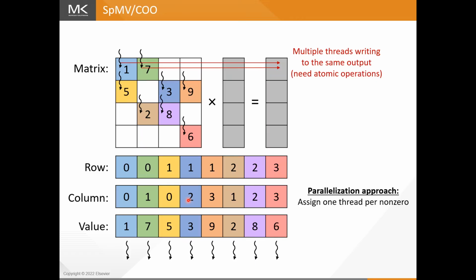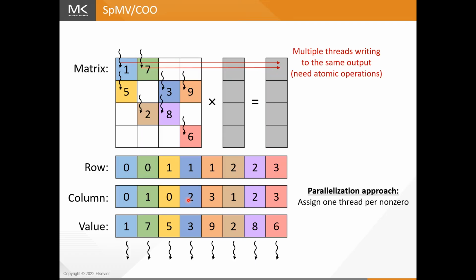For the sparse matrix, are my accesses to the sparse matrix coalesced? Yes, they are. Adjacent threads are going to be accessing adjacent elements in my row, column, and values arrays. So accesses to the sparse matrix are coalesced. That's a positive thing about COO. For the input vector, are my accesses coalesced?